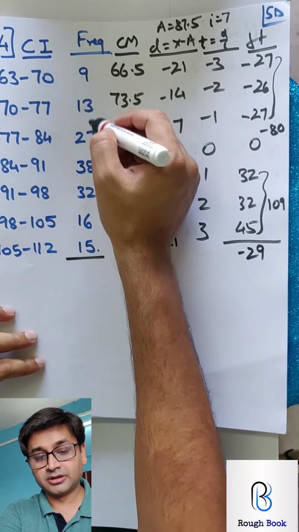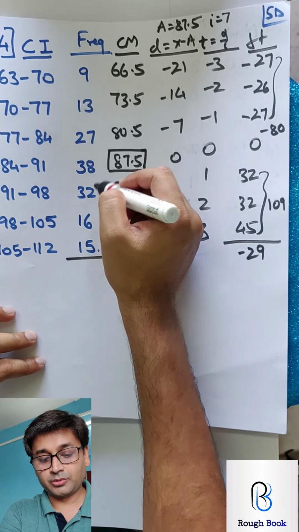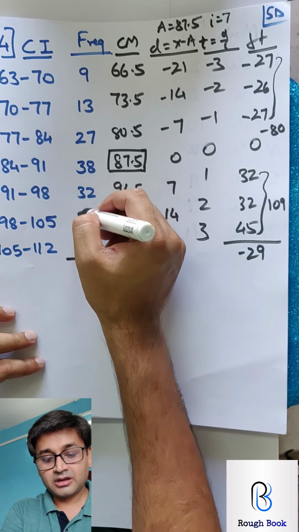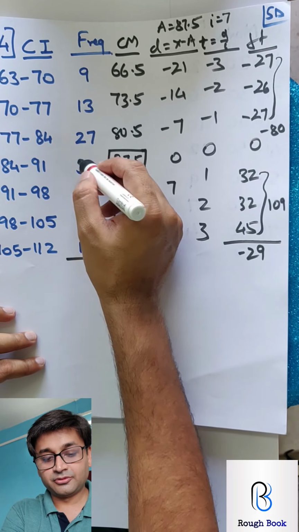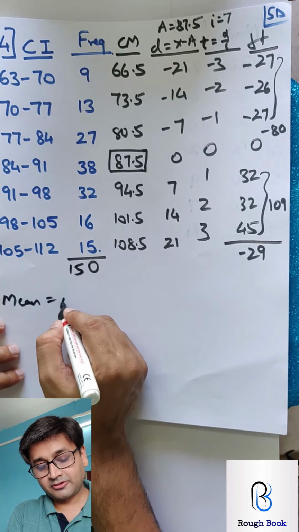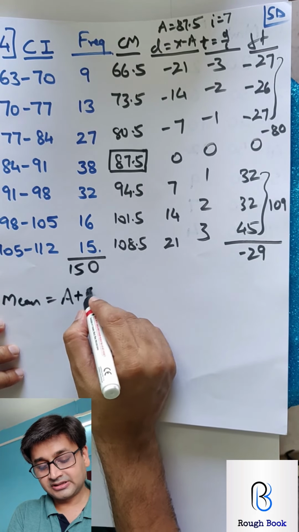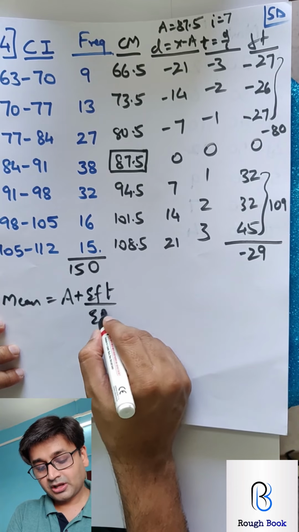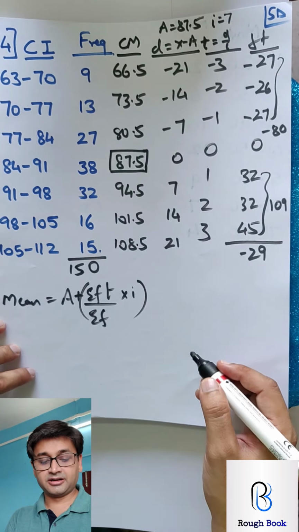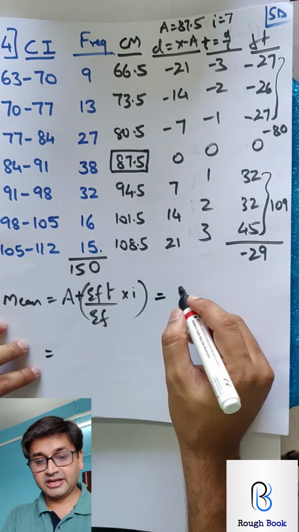What is the total here? 10, 19, 10, 20, 29, 30, 40, 4, 5, 6, 7, 8, 9, 10, 11, 12, 13, 14, 15. So 150. So my mean, the formula A plus summation Ft upon summation F into I. Yeah, because we are doing the standard deviation method. So my A is what?